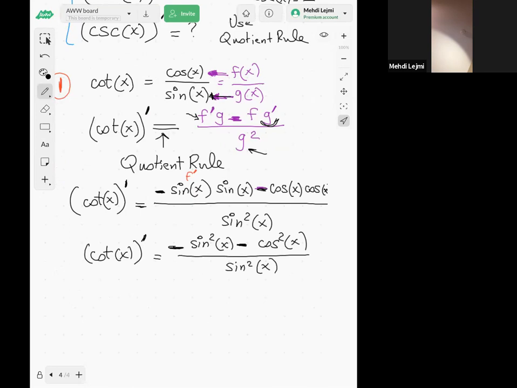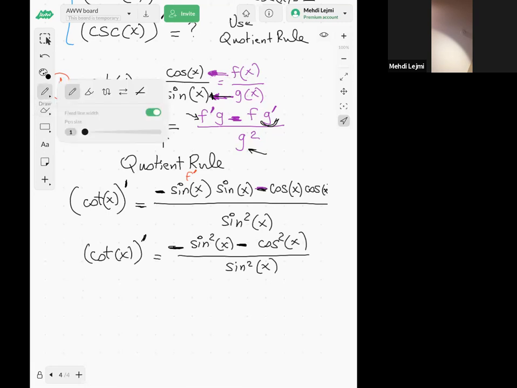I mean, sine square plus cosine square. Sine square plus cosine square is 1. So if you multiply everything by -1, minus sine square minus cosine square will be -1.